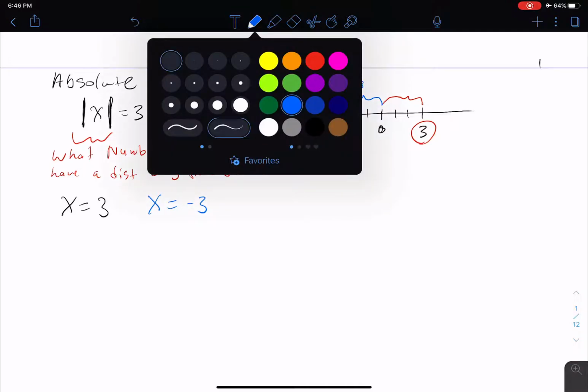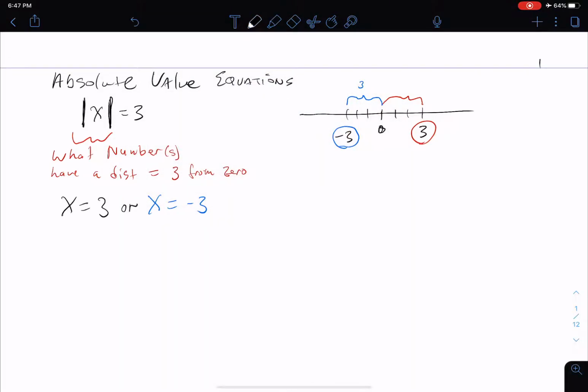And by the way, with these kinds of problems with the equation, the proper word in between would be or. So that's one way to think about it. An absolute value of a number is just the distance the number is from 0. So when we're saying the absolute value of x equals 3, we're saying what numbers have a distance equal to 3 from 0?